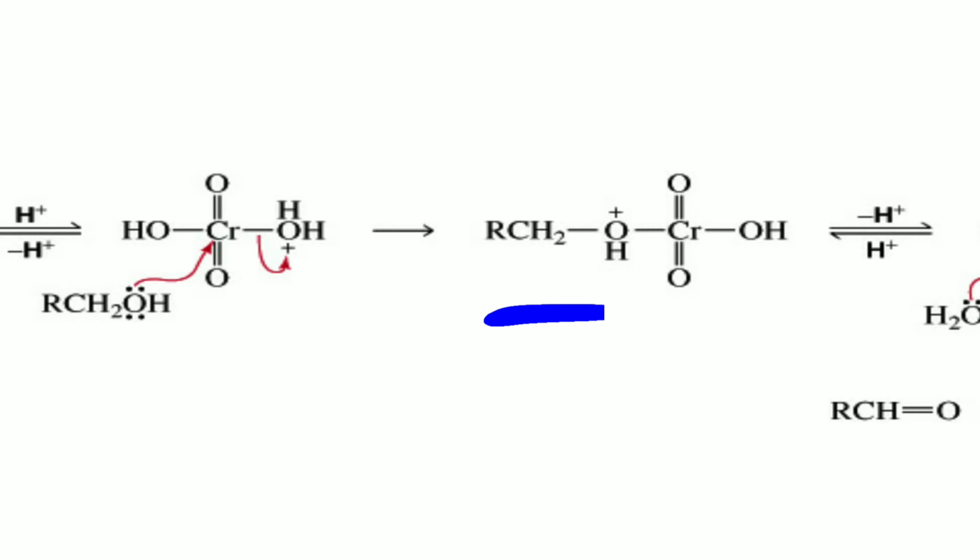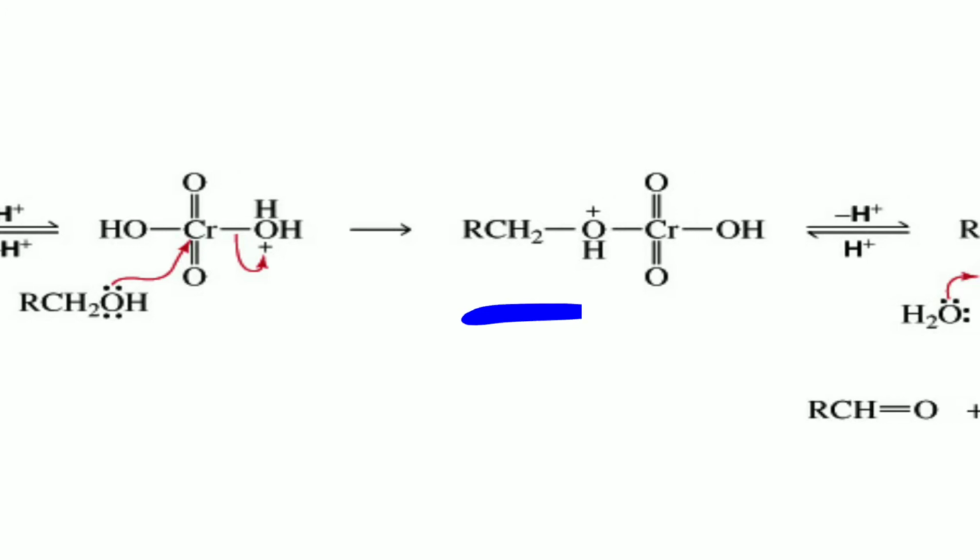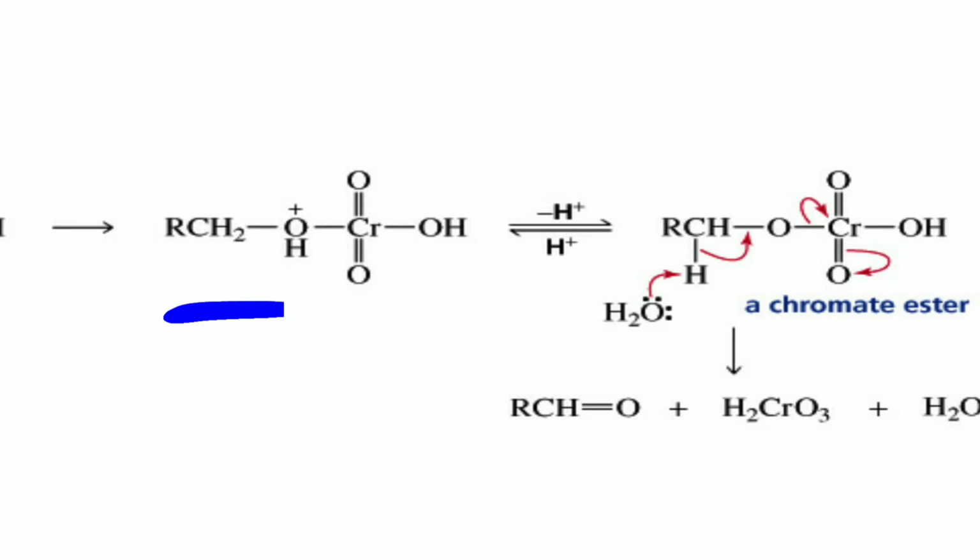Then this oxygen, which has a positive charge, releases the H plus ion, and the lone pair of this oxygen is attracted toward itself and the positive charge is removed. After that, this water molecule abstracts the hydrogen of the alcohol, and at the same time, as you can see in the red arrow, this bond shifts to form a double bond with the oxygen.